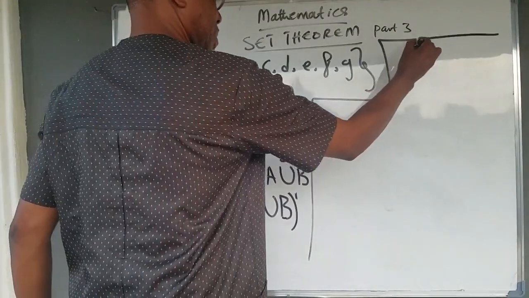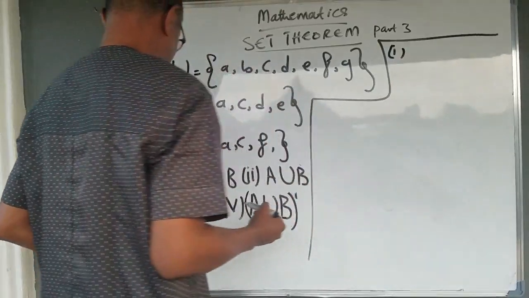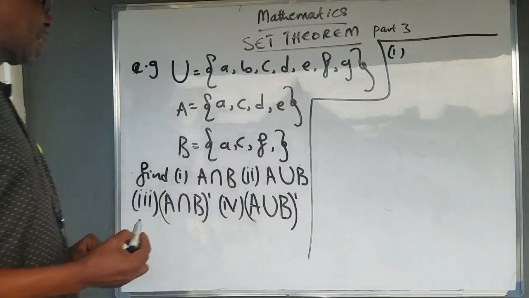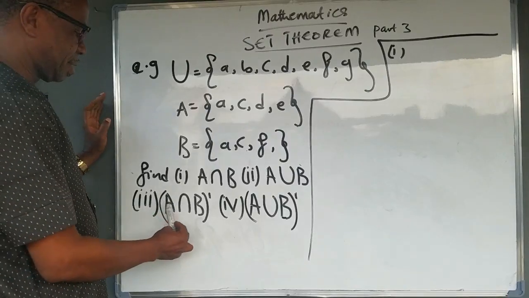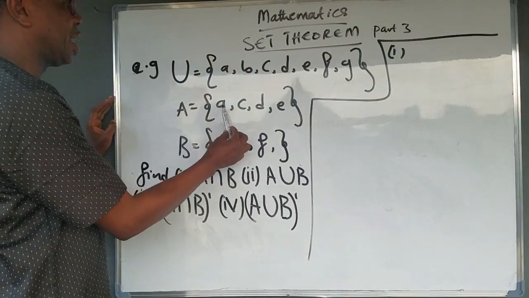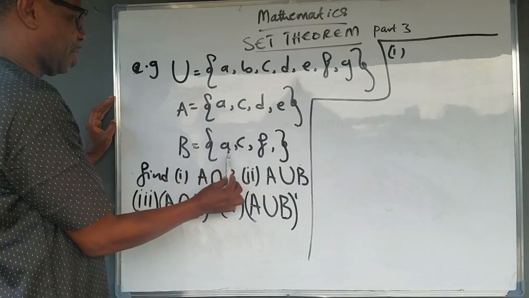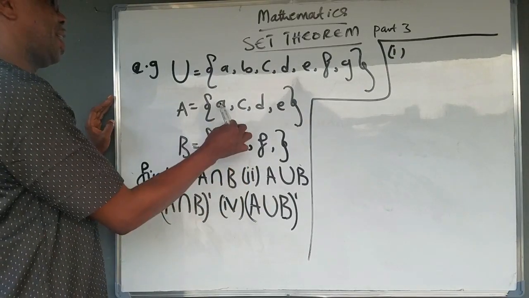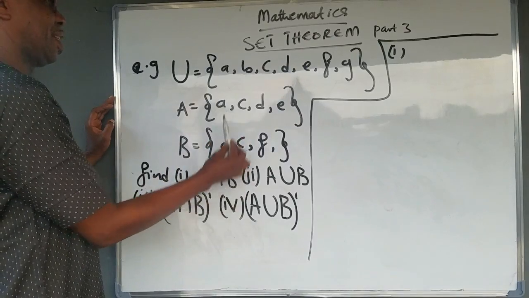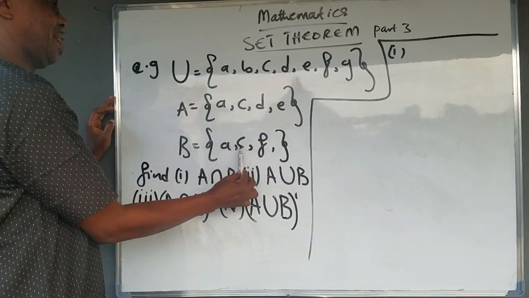Number 1, solution. A intersection B means all the things that are in A that are also in B. What are the things? A is here, A is here, C is here, C is here.